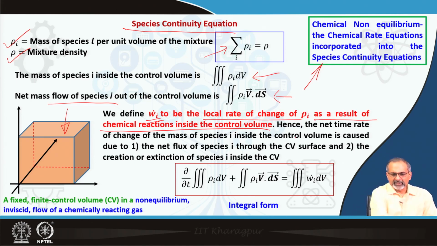Hence, the net time rate of change of the mass of the species I inside this box is caused due to net flux of species I through the control volume surface and the creation or extinction of species I inside the control volume, naturally leading to a volume integral of this form.